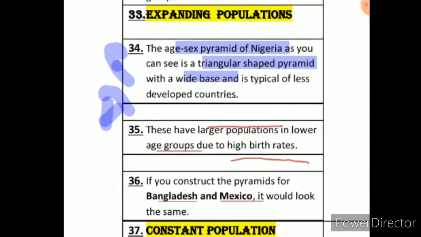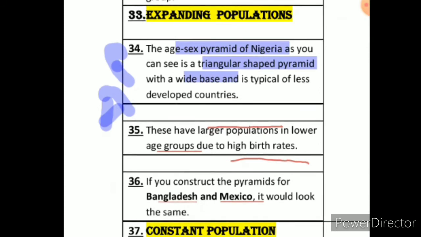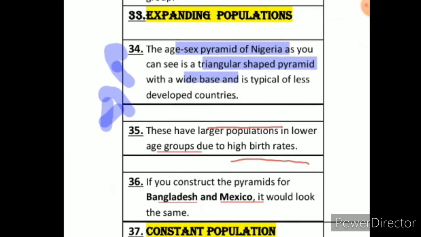Bell shape, because Australia is a developed country, so definitely the structure of the pyramid will be different from a developing country or less developed countries. It basically tapers down at the top, and it shows birth and death rates are almost equal. जितने birth rate होते हैं उतने ही death rate होता है, almost equal, leading to near constant population.